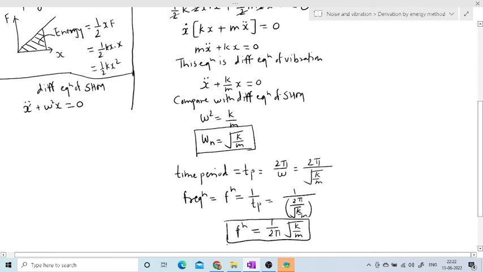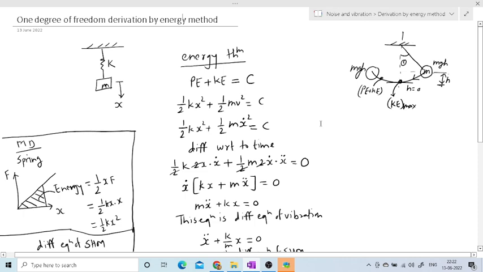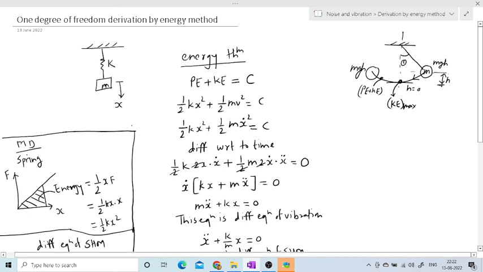So this is the simplest method to determine the natural frequency. I'll revise this one. For any system, by the energy theorem, the total energy of the system is constant. Here we have seen for the spring mass system, the energy will be transferred from kinetic energy to potential energy and potential energy to kinetic energy.